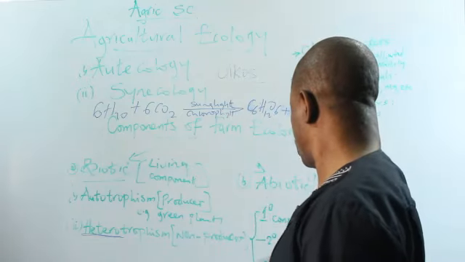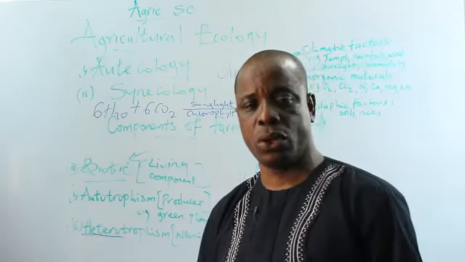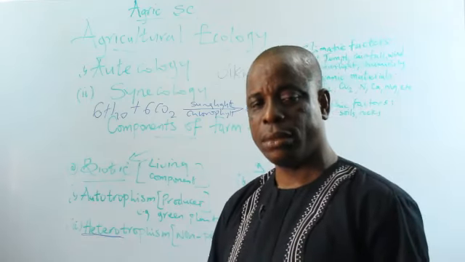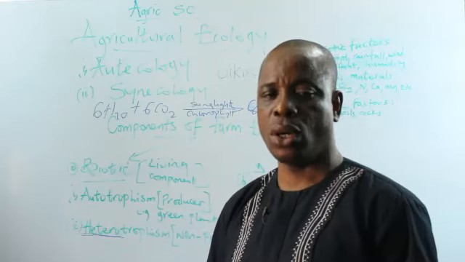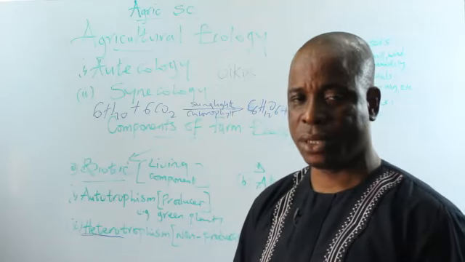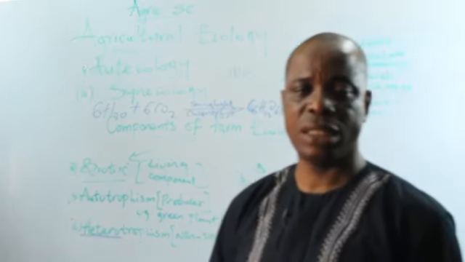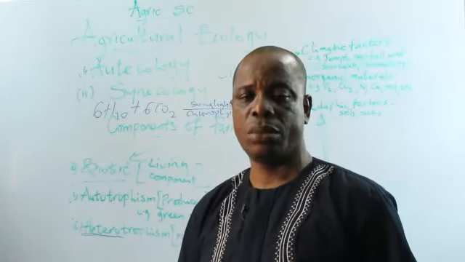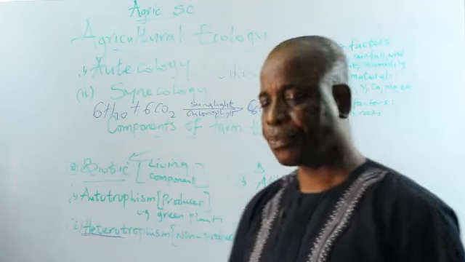Then you have the secondary consumers, which feed on the primary consumers. They are majorly animals that feed on other animals that are herbivores. Among them, you may have the hyena, tiger, dog, cats. They feed on animals that feed on grasses.